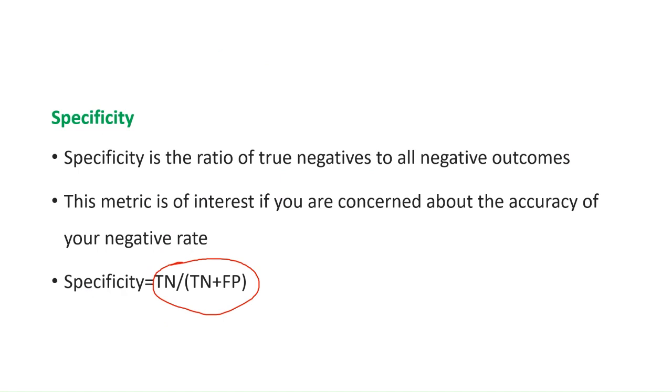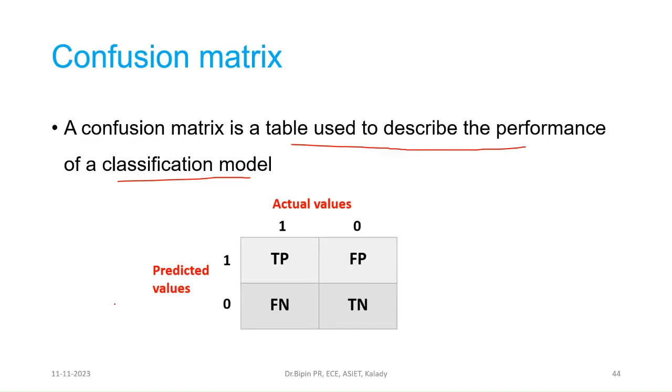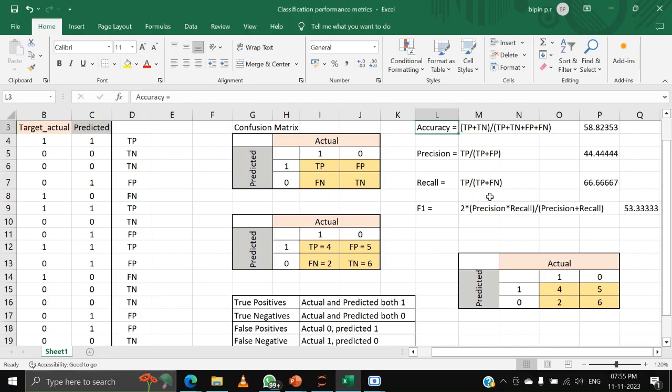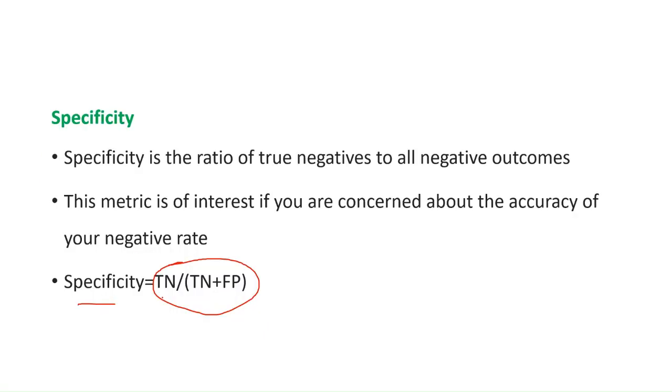Now, see what is this specificity? You compare with recall. Recall I have just now explained. Recall means TP by TP plus FN. How many are truly positive out of the positive things? But see here, specificity means how many are truly negatives out of the total negatives.